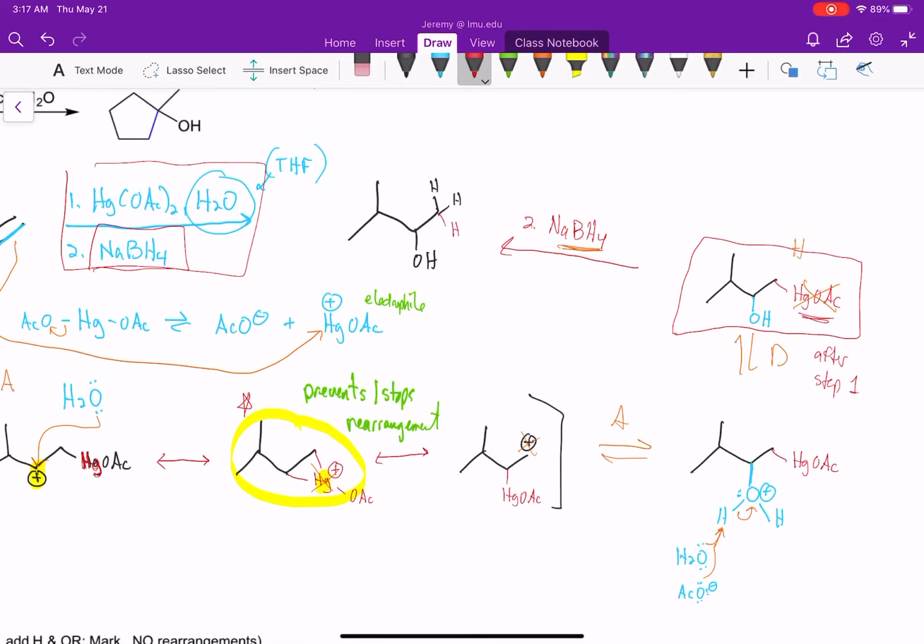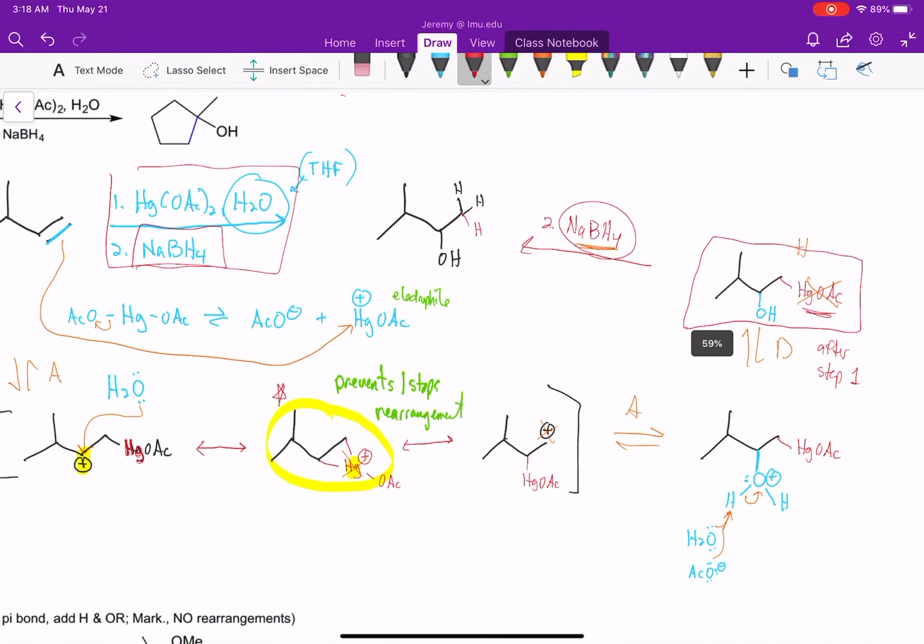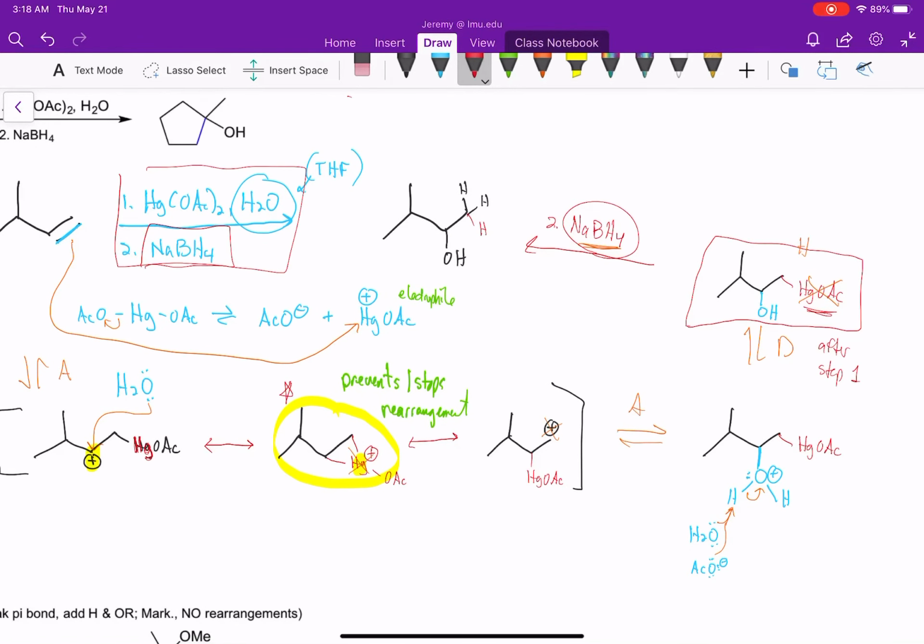Our third hydrogen has come from our sodium borohydride, replacing the mercury. All right, and that's the mechanism of this reaction, right? We attack, deprotonate, and then replace the mercury with a hydrogen to get our final product. Right, so here I've drawn in the H's, but our final product will really look like this. All right, that's the final product that's formed in this reaction.